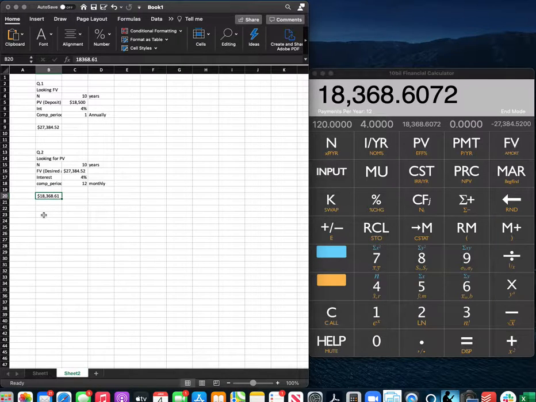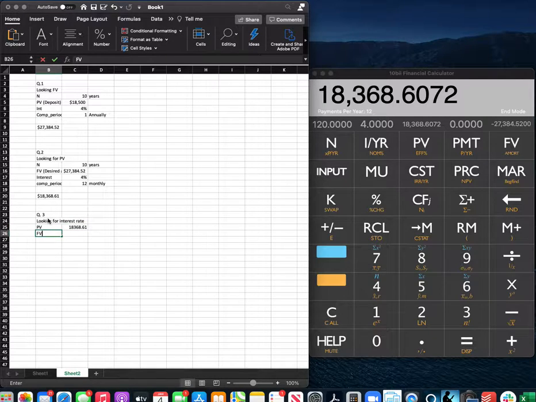We have our present value. So let's label this Q3. We're looking for interest rate, okay? We have PV, which is 18368.61.